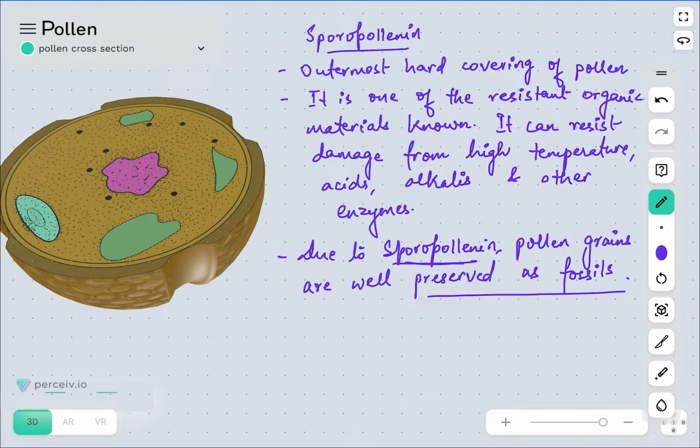If I show you in the model, these are the points where sporopollenin is absent, because sporopollenin is present only over this part, covering only this part. The parts which I have circled are devoid of sporopollenin, so that part ultimately represents the germ pores.